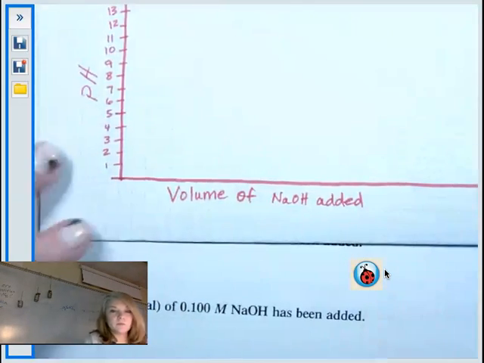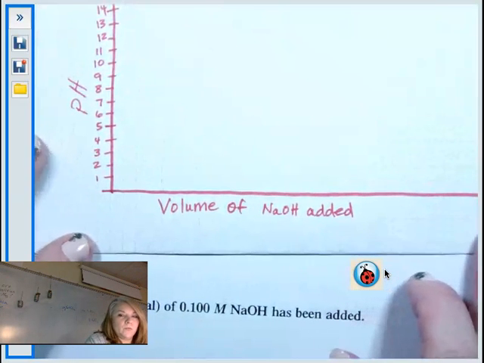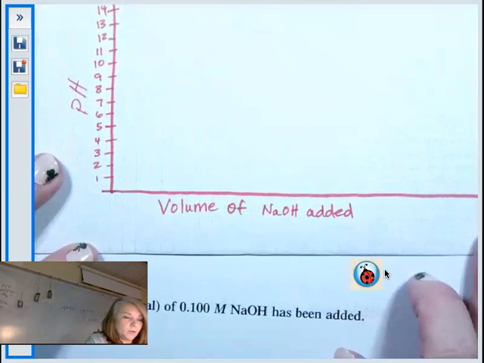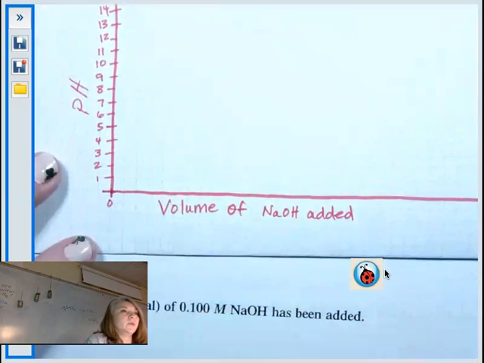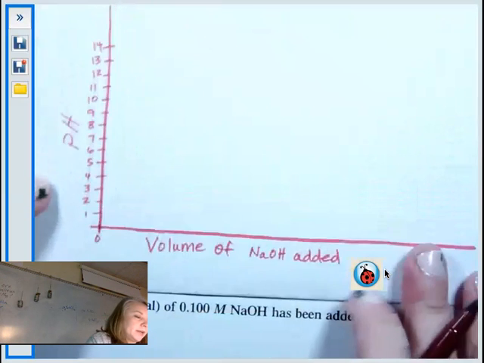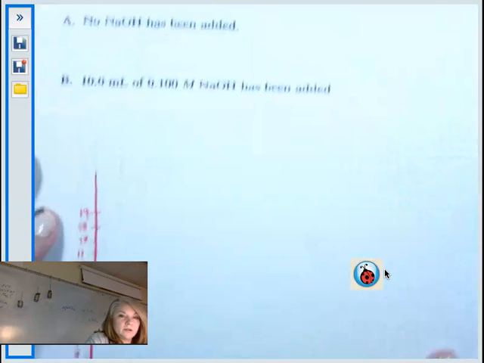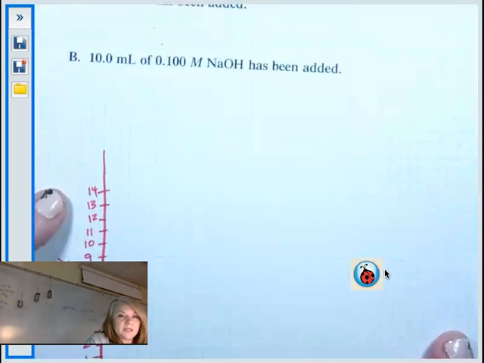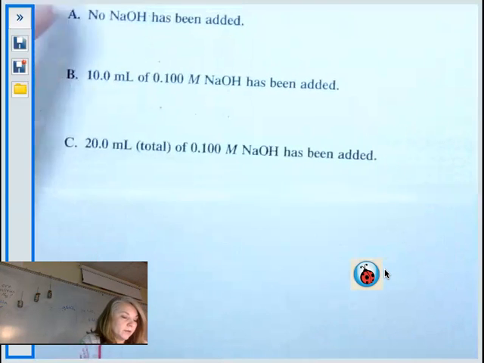Now with the volume, because we don't really know what our first number is going to be, well, I guess our first one's going to be 0. We're not going to add any. And then we're going to bump it up. So on B, it looks like we're going to add 10 milliliters. And then on C, we're going to add 20 milliliters, 50 milliliters.